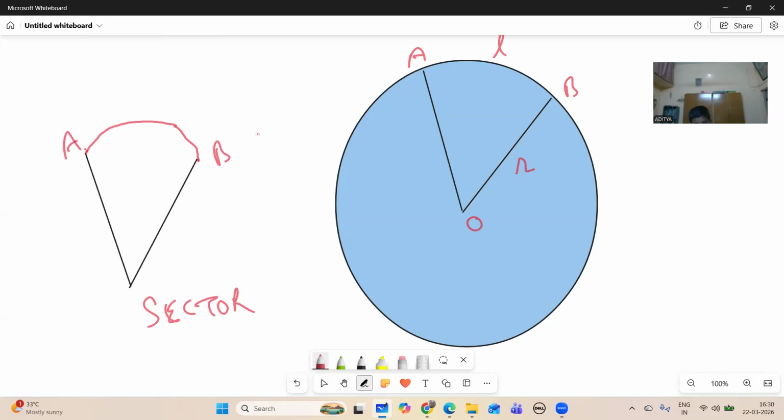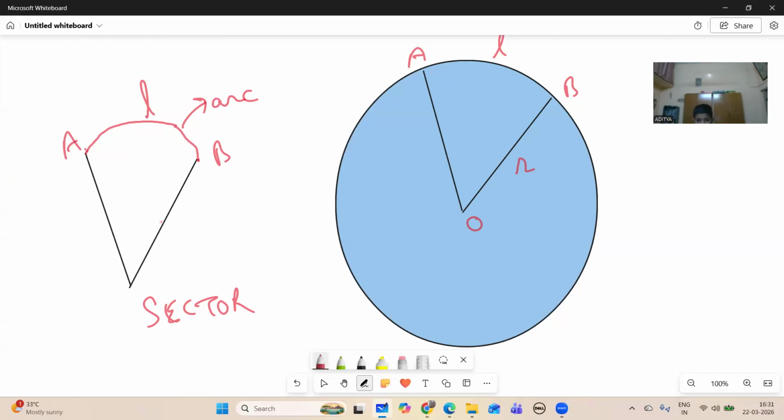I'm not able to draw exactly, because this is digital writing. So this curved part of the circumference AB, let its length be L, is called an arc. Arc of this sector, or the curved portion of this sector.